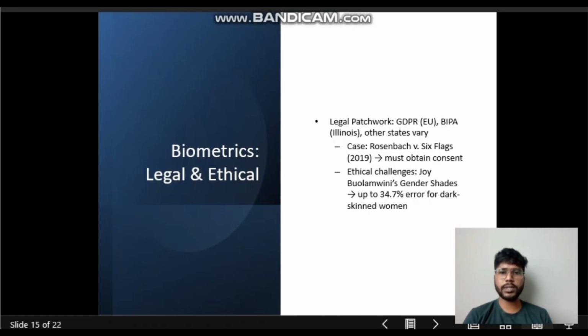Meanwhile, in the US, regulation is a patchwork. The Biometric Information Privacy Act (BIPA) in Illinois mandates informed consent and allows private lawsuits for violations. Other states like Texas and Washington have weaker biometric statutes, and many states have no specific biometric privacy laws at all.